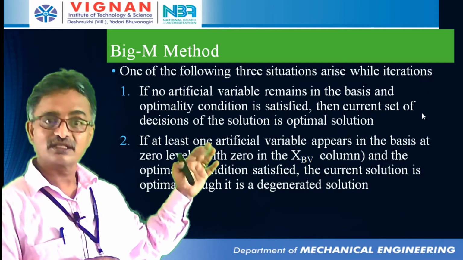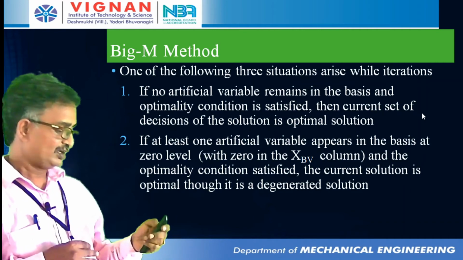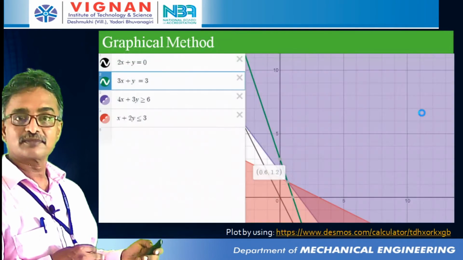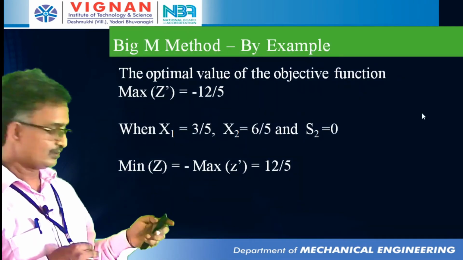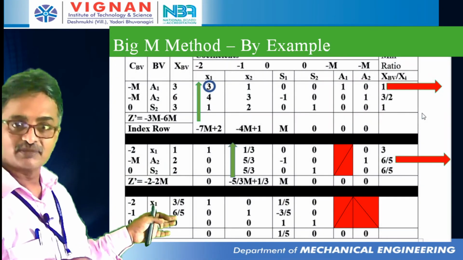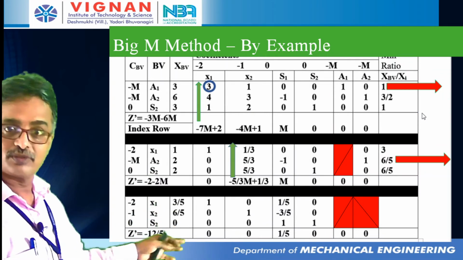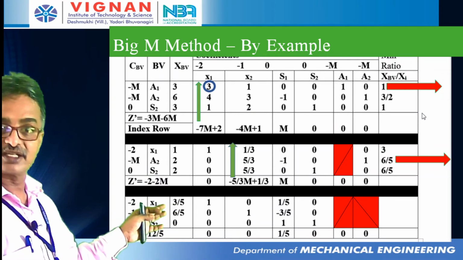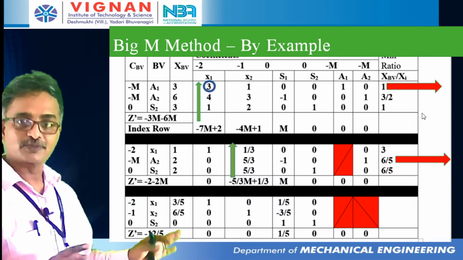Second, if at least one artificial variable appears in the basis, but it should be 0. If there is no artificial variable in your basis and the index row satisfies the optimality condition, then there is no issue.